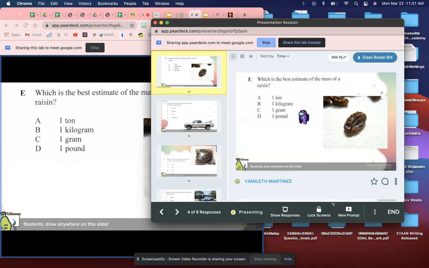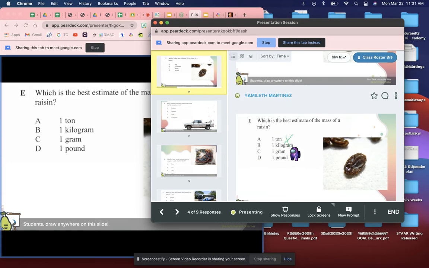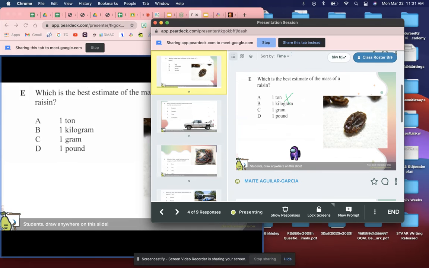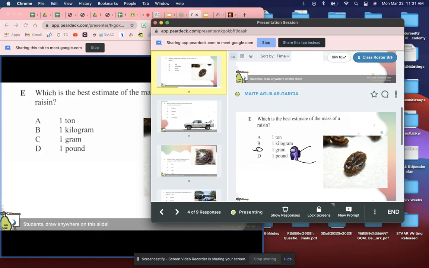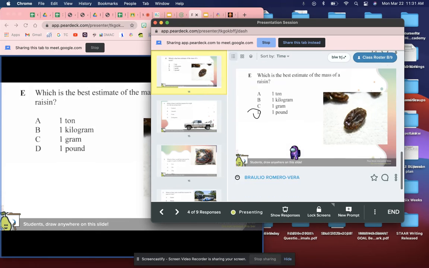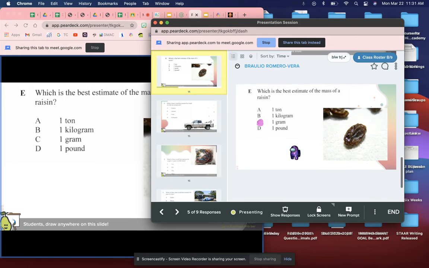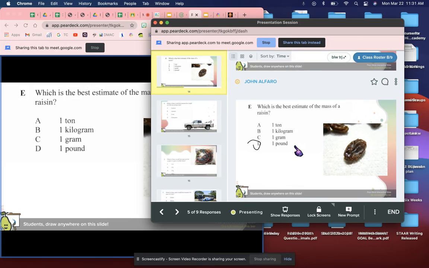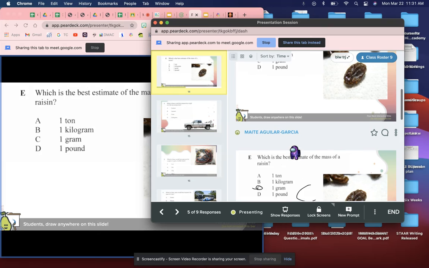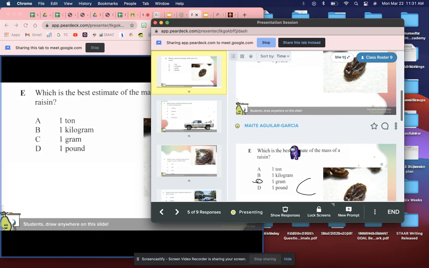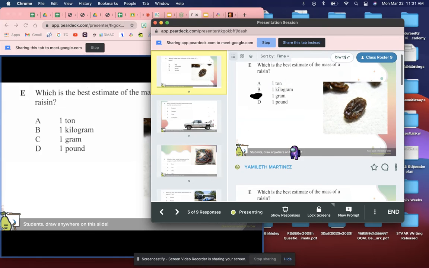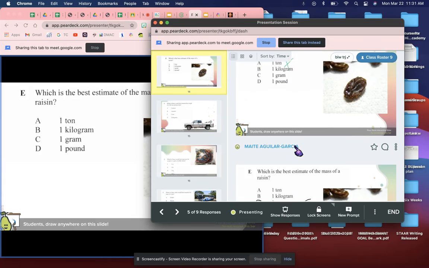So big, I know, Maite. Mass of a raisin. Good job, Hasmin. Thank you, John. Good job, Jimena. Braulio, be careful. Thank you, Jamilet.